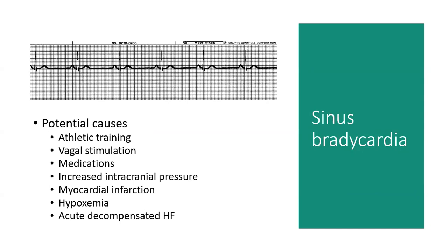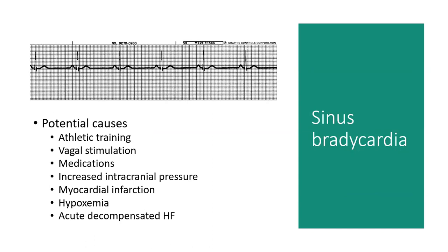It can be vagal stimulation, which can be things like the patient vomiting, we're suctioning the patient, or severe pain. Medications such as calcium channel blockers or beta blockers can slow our heart rate down. Also increased intracranial pressure, myocardial infarctions, hypoxemia, and acute decompensated heart failure.